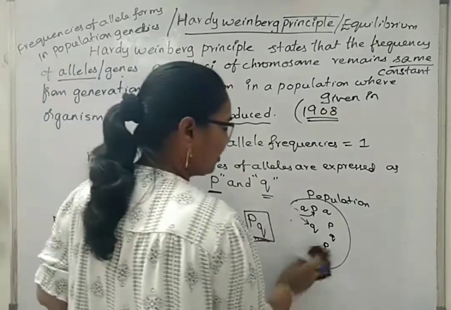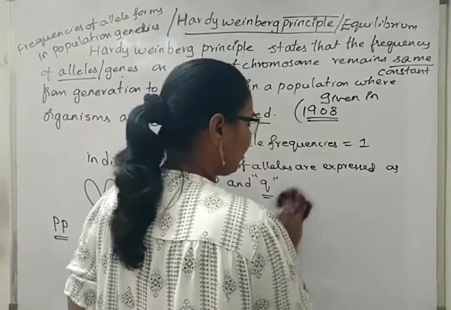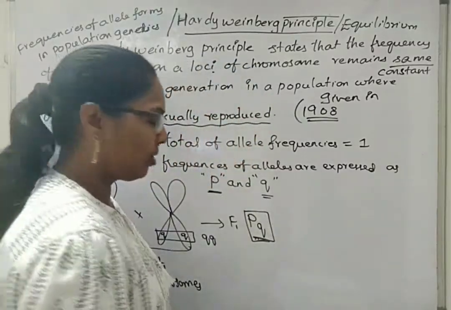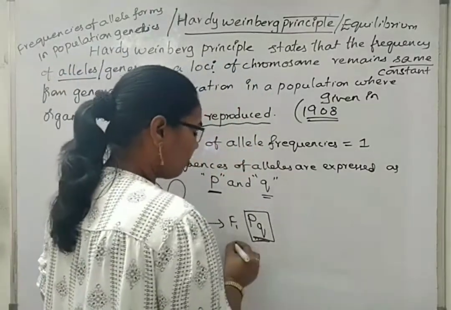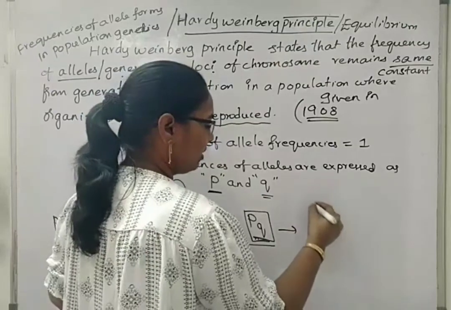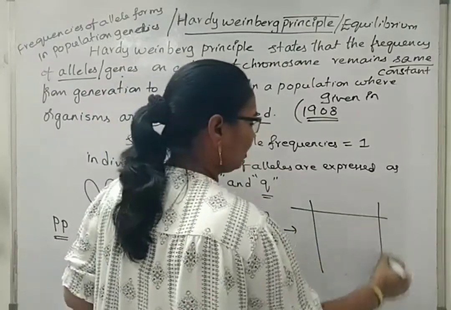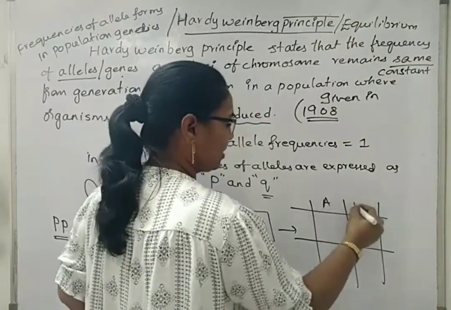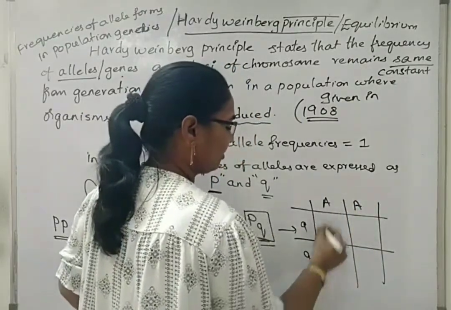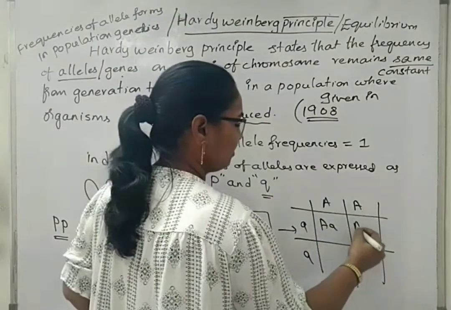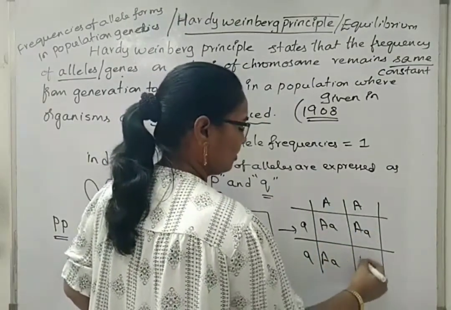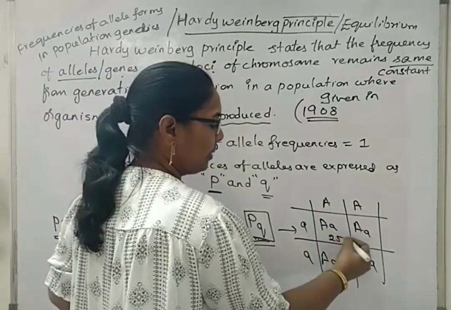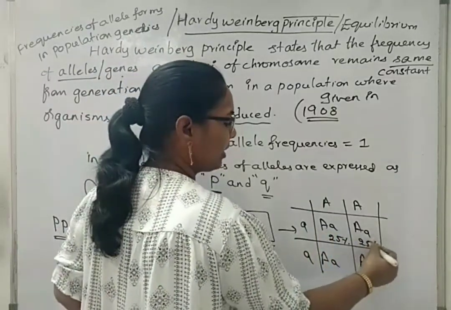But here in the F1 generation, this population we can represent according to Mendel's monohybrid cross. So we have got this after crossing with homozygous parents, like this. Here if you take percentages, it will be 25%, 25%, 25%, 25%.